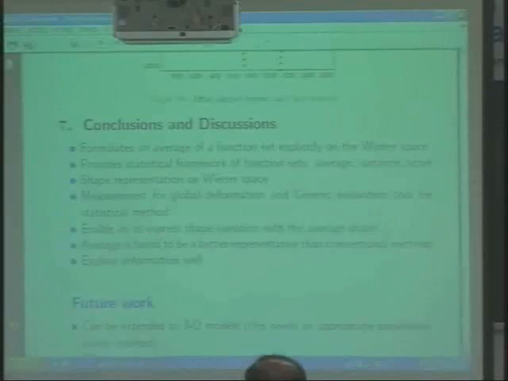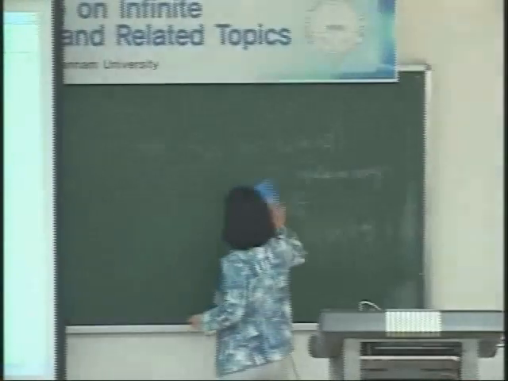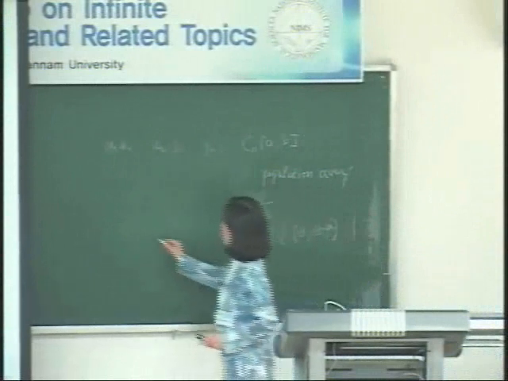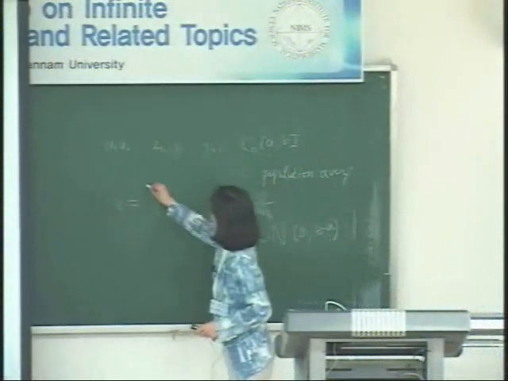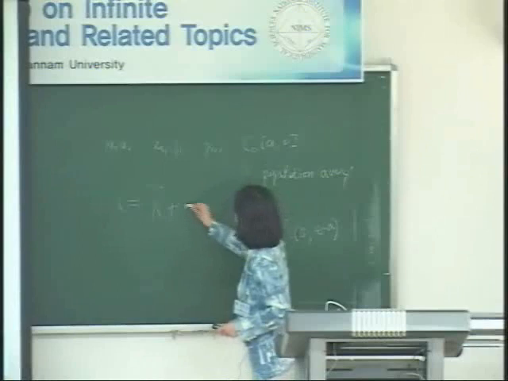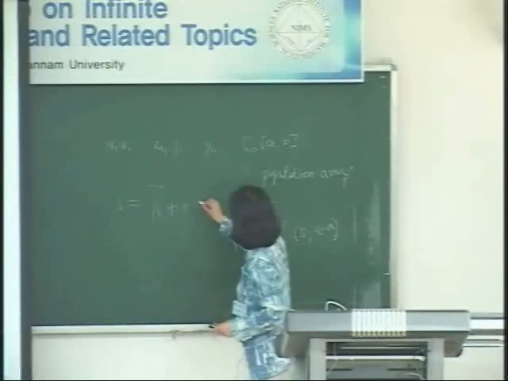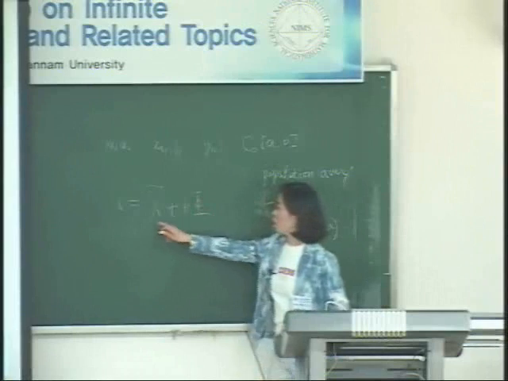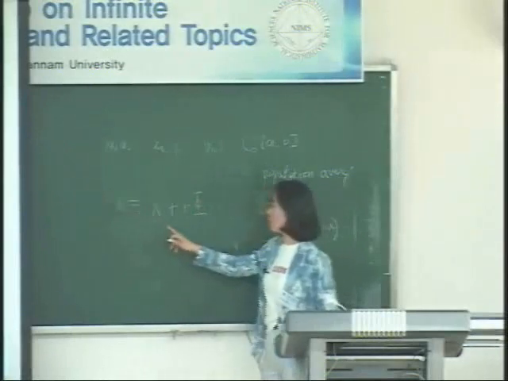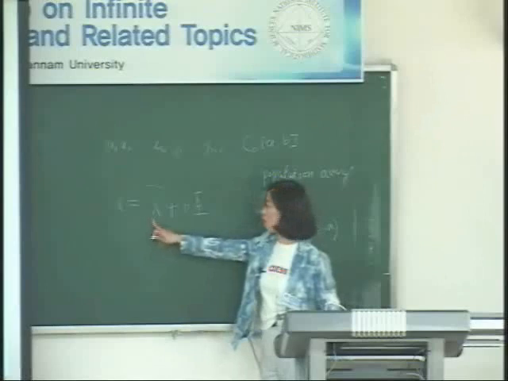And this model enables us to express shape variation with an average shape. It means any shape can be expressed in terms of mean shape, average shape.